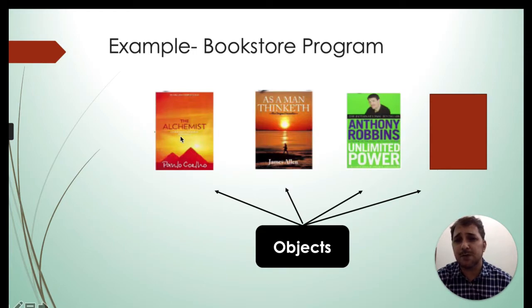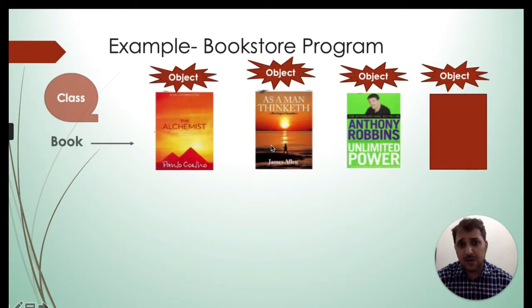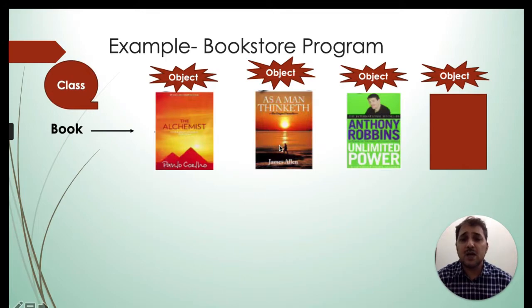Each book has properties, each book has functionality. But if someone asks you that all these objects are of what category, then we can say that all these objects are of the category of book.